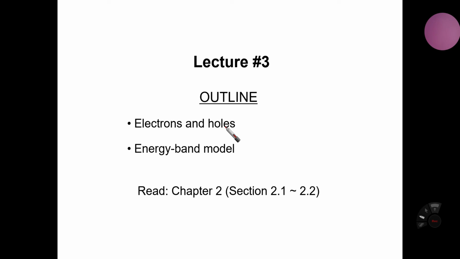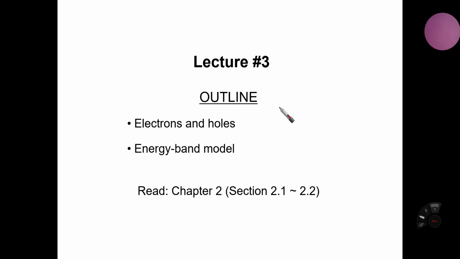Previously, I talked about how many silicon atoms exist in a cubic centimeter. Do you remember the number? That was 5 times 10 to the 22 per cubic centimeter. And again here, each silicon atom has how many outermost electrons?